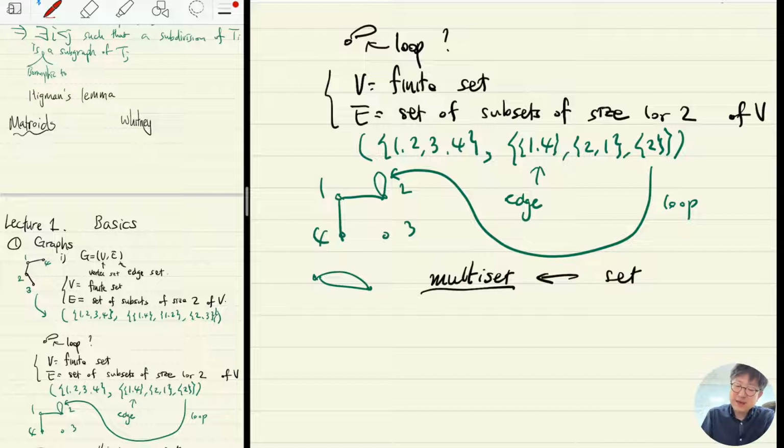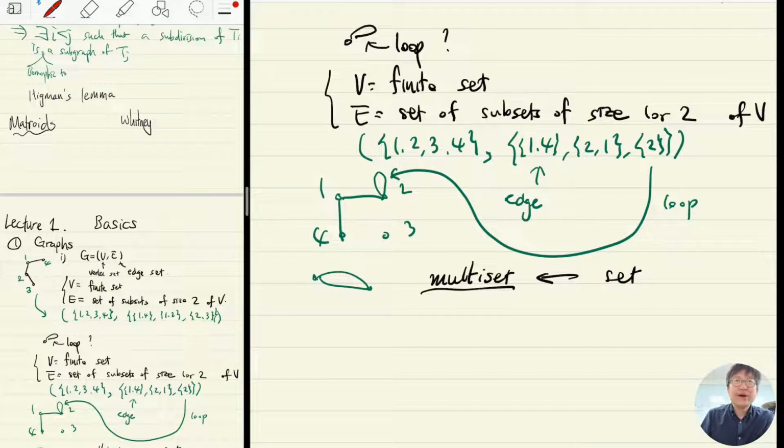So instead of saying E is a set of subsets of size 1 or 2, you say E is a multi-set of subsets of size 1 or 2. By saying so, we allow the same member to be in the multi-set twice or more.